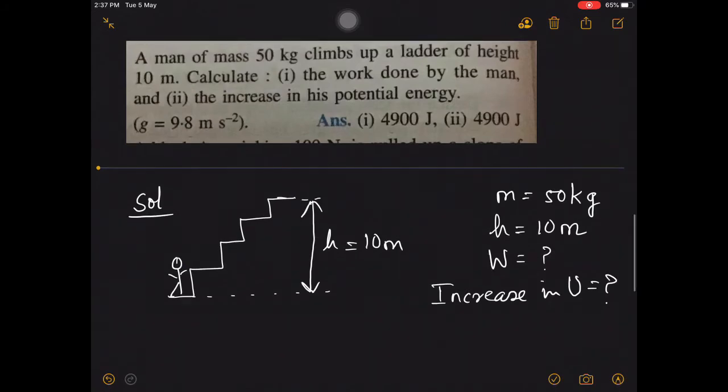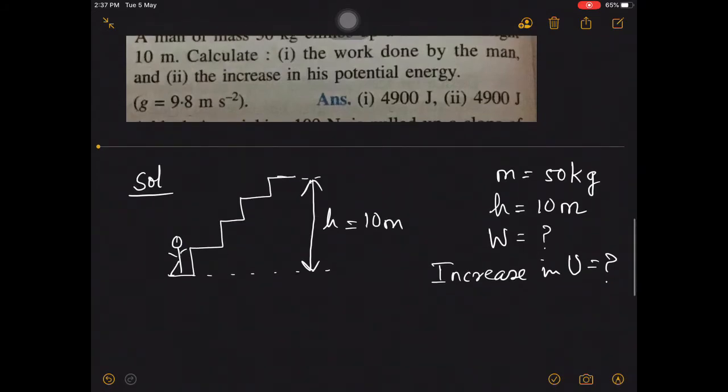Now, how much work will be done by him? See, look at this figure. When the man reaches this highest point, say this is your position 1, how much is the potential energy of the man? It is going to be mgh, 50 into 9.8 into 10.